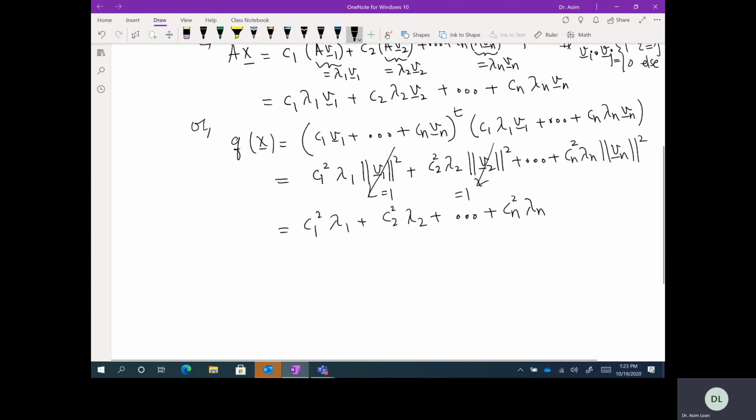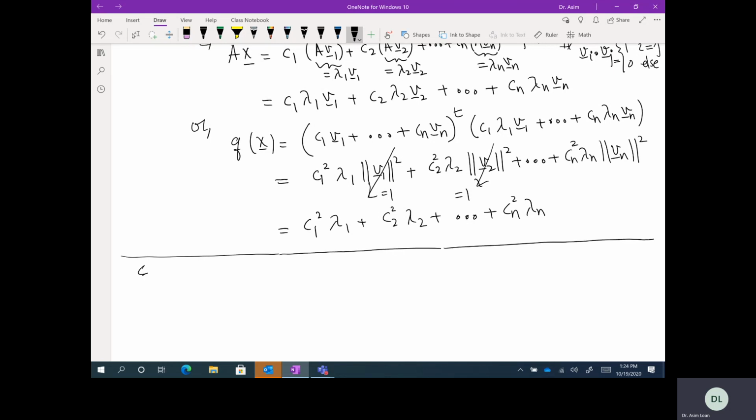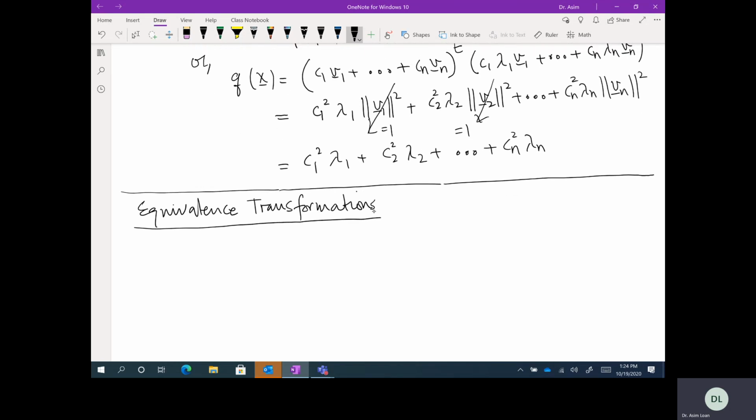What is an equivalence transformation? We have looked at the similarity transformation. So one of the equivalence transformations is the congruence transformation.